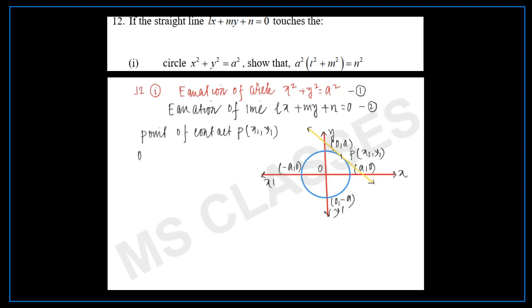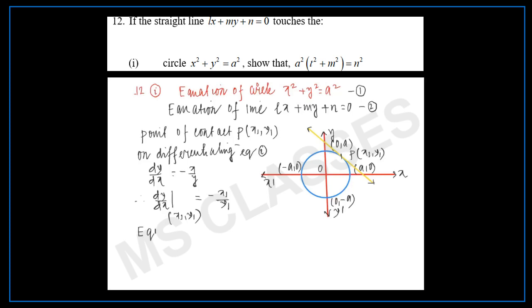On differentiating equation 1, we get dy/dx equal to minus x by y. Therefore, dy/dx at (x1, y1) equal to minus x1 by y1.